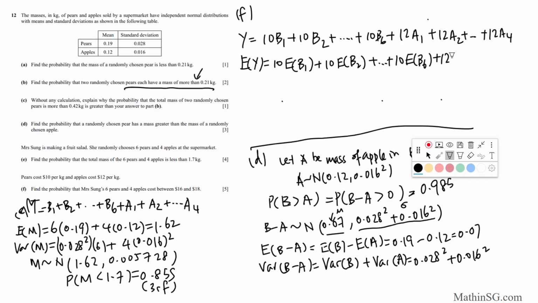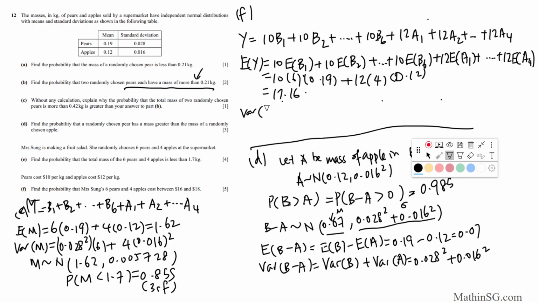Same thing for your apples, 12 of EA1 plus all the way to 12 times EA4. Or basically, it's 10 times 6 times expected value of B, which is 0.19, then 12 times 4 times expected value of A, which is 0.12. So add this up, it will give me 17.16.